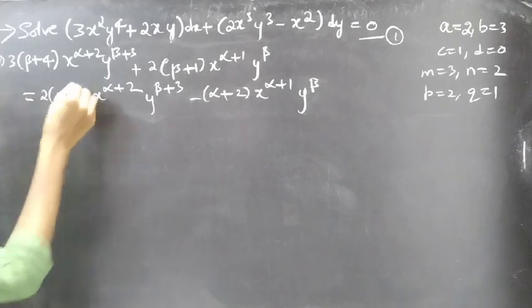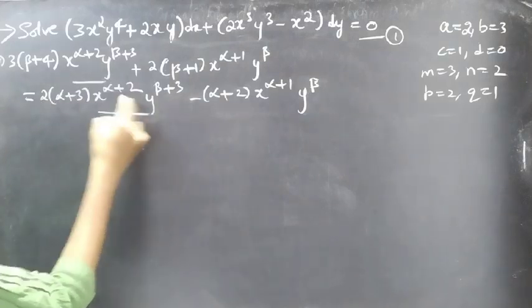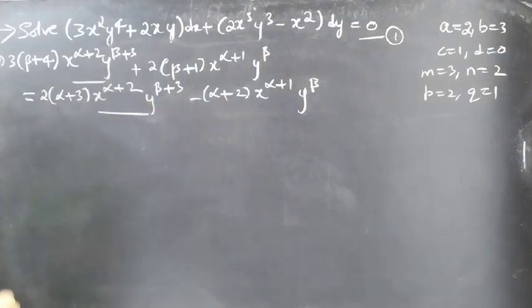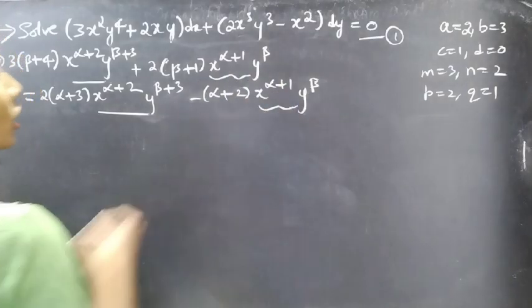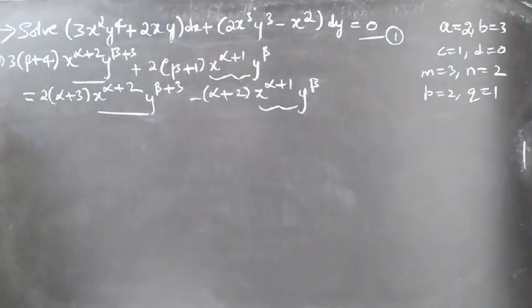So here, by equating the coefficients of x^(α+2) y^(β+3), you'll get one equation, and by equating the coefficients of x^(α+1) y^β, you'll get another equation.